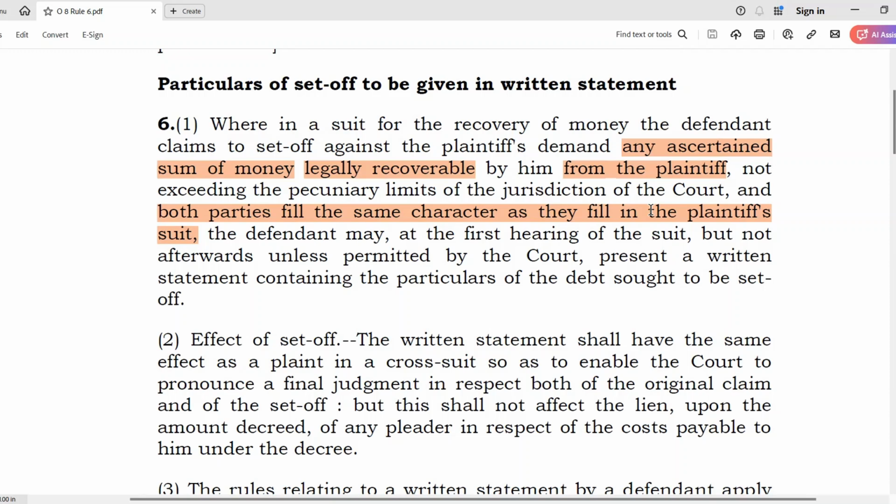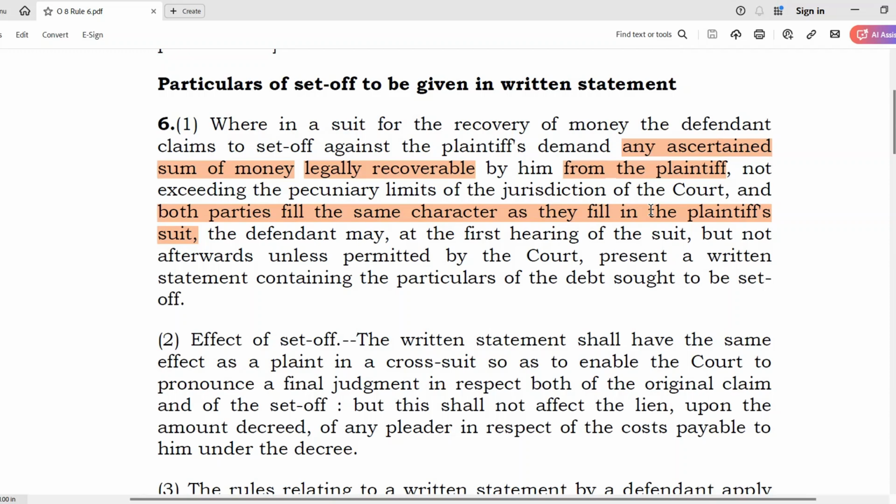But since the character of the parties in all the purchase orders remains the same, the claim relating to, say, purchase order number 2 can be raised against the plaintiff's claim relating to purchase order number 1, provided the character of both the parties is the same.